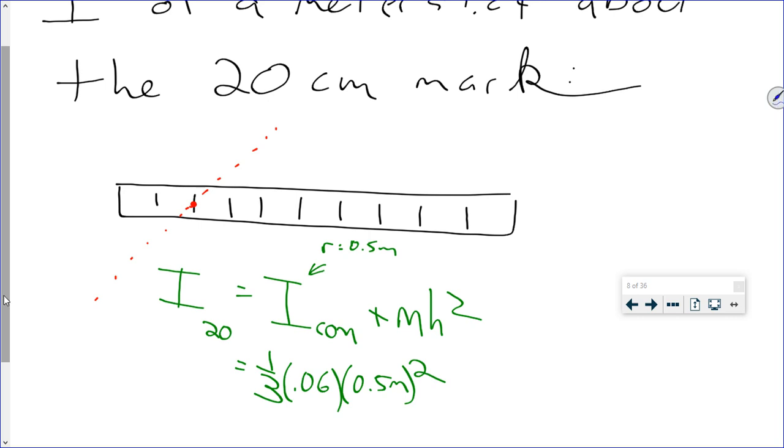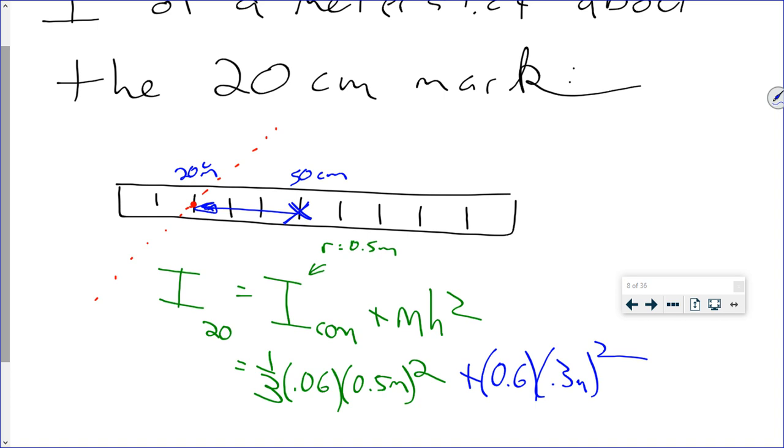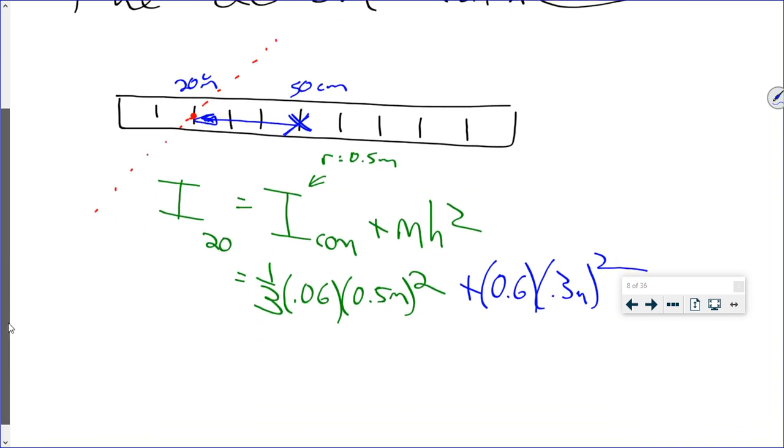Notice our center of mass would be here at the 50 centimeter mark, and this is the 20 centimeter mark. So here our h would be the distance from our center of mass to our new point P, which is 30 centimeters or 0.3 meters. So this is going to be plus the mass of the stick, 0.06, sorry, got my decimal in the wrong spot there, times 0.3 meters squared.